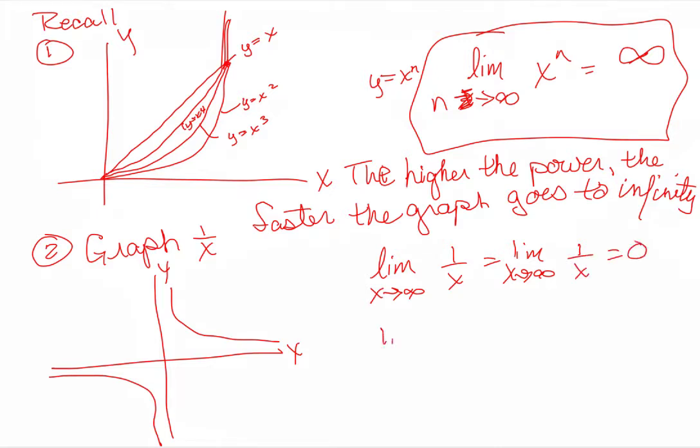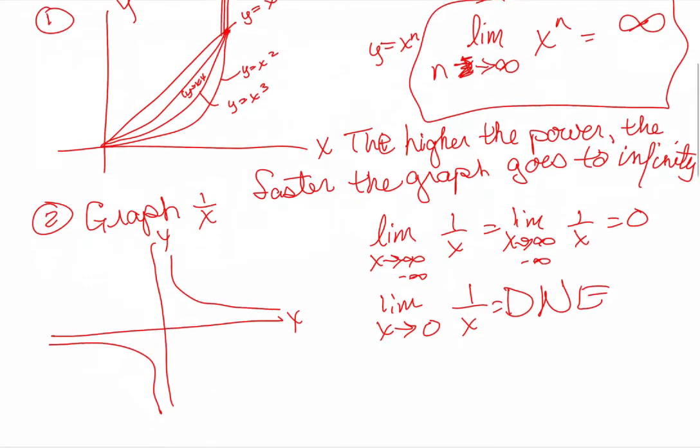And the limit as x goes to 0 of 1 over x does not exist. Okay? And similarly, as x goes to negative infinity, it also equals 0. Right? Does everybody see both of those things?